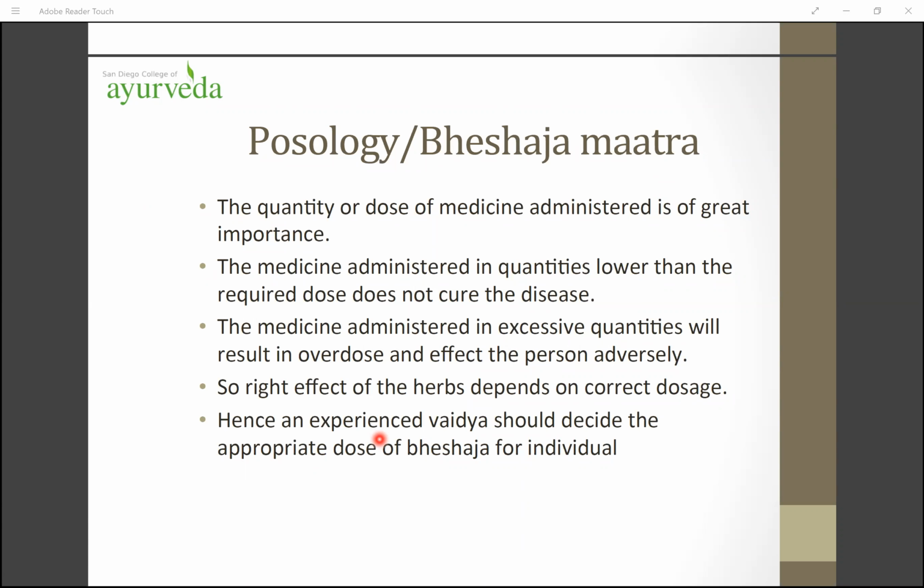Now, how you understand the dosage of a medicine would be different based on the individual who you're attending to. So what we're going to do today is look at general dosages, general principles of posology, but based on the individual who you are attending to, you can make very, very minimum alteration with the dosage of medicines to suit your client.